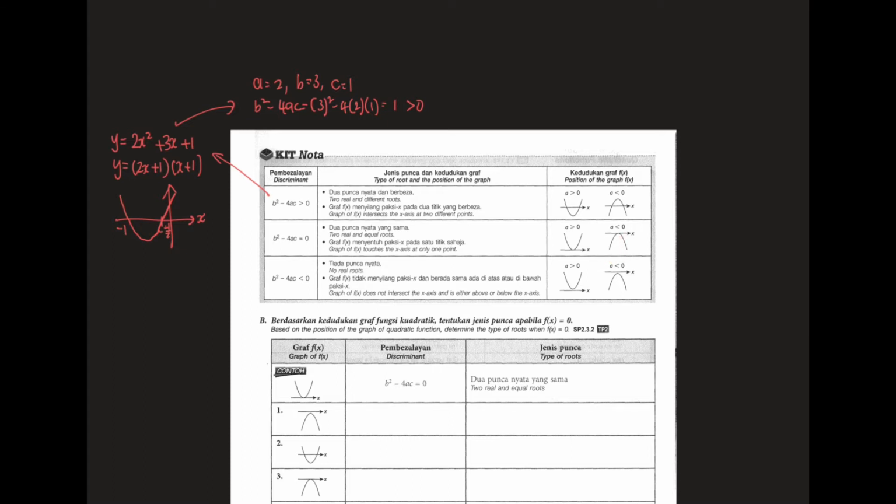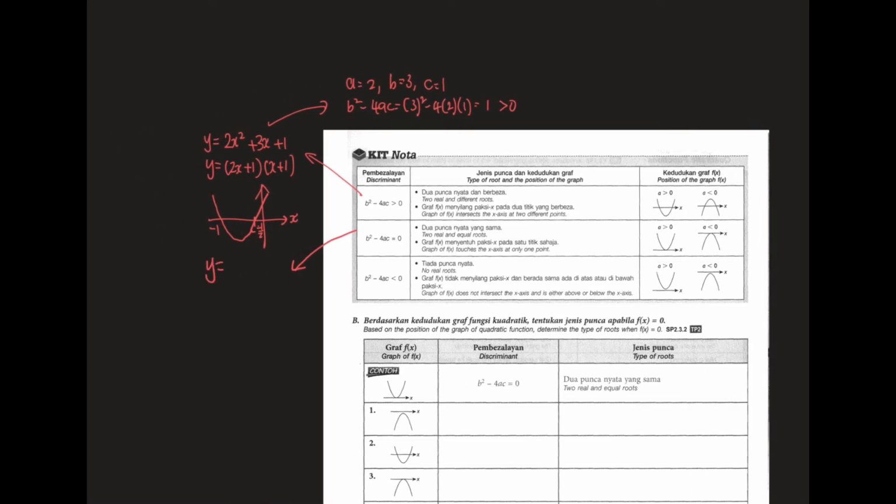A quick example: let's say I have y equals x squared plus 2x plus 1. If I factorize it, I have (x plus 1)(x plus 1). Then I know the graph is going to be at -1, and since the roots are two same roots, the graph has to touch and go.